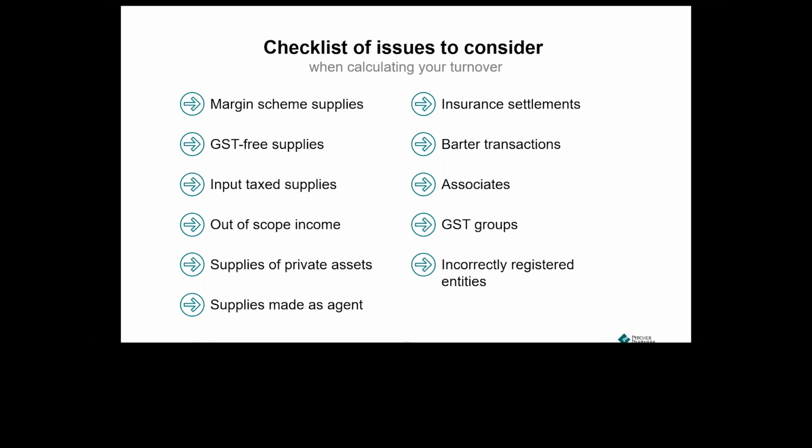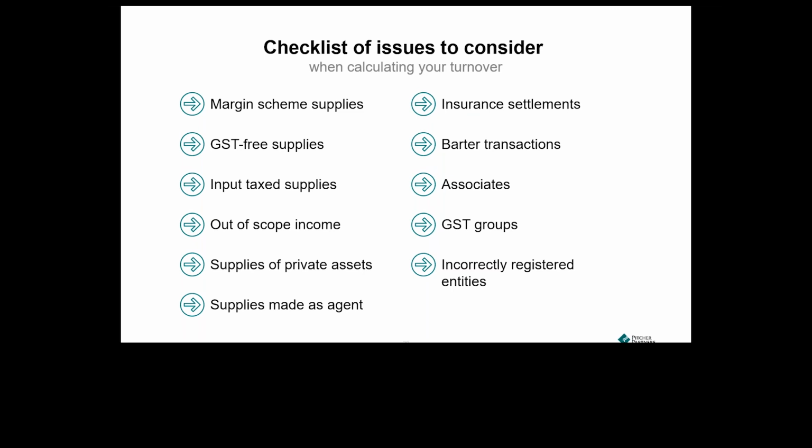GST groups, importantly. One of the JobKeeper specific adjustments is to basically disband the GST group, if you like, such that if the relevant employer is a member of the GST group, then they need to take into account the value of supplies that they have made to other members of that GST group.